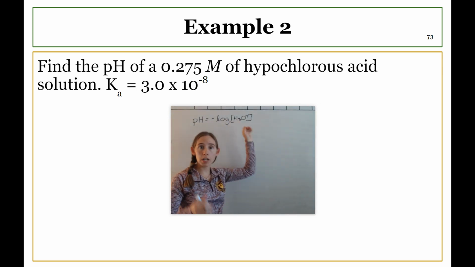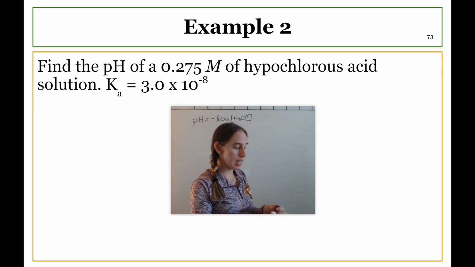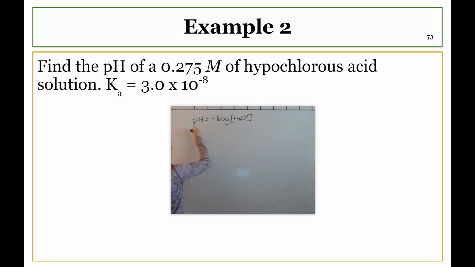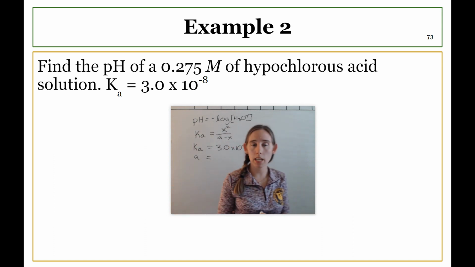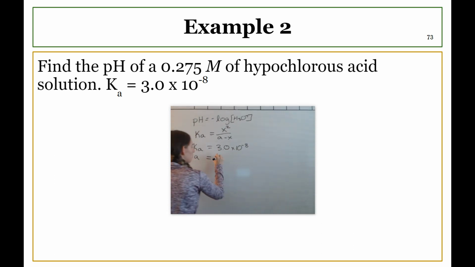If we can find H3O, we would be well on our way to finding the answer. We have our Ka equation as x squared over A minus x. In the problem, we're told that Ka is equal to 3 times 10 to the negative 8, and that A, which is the concentration of the acid, is 0.275.